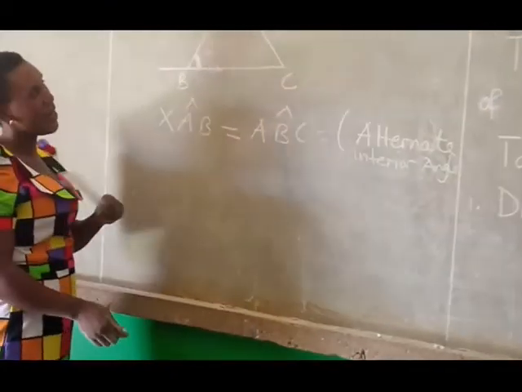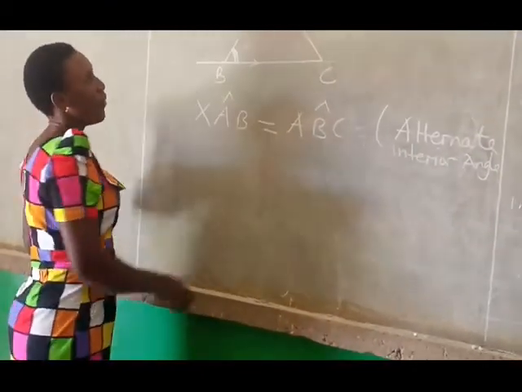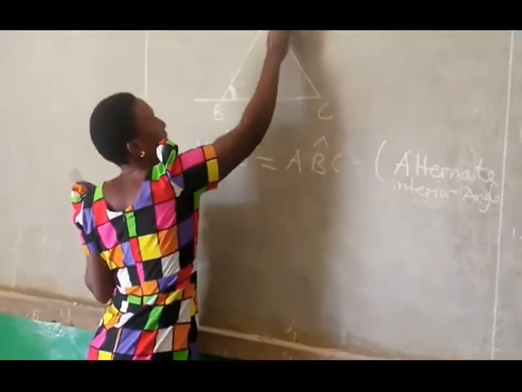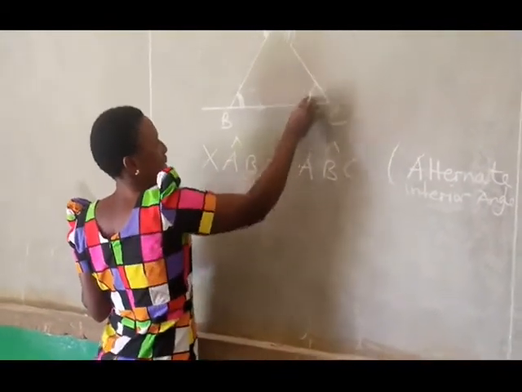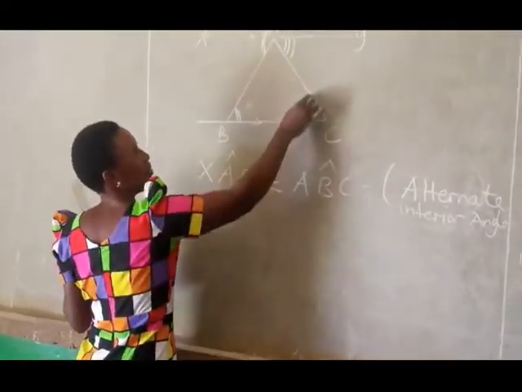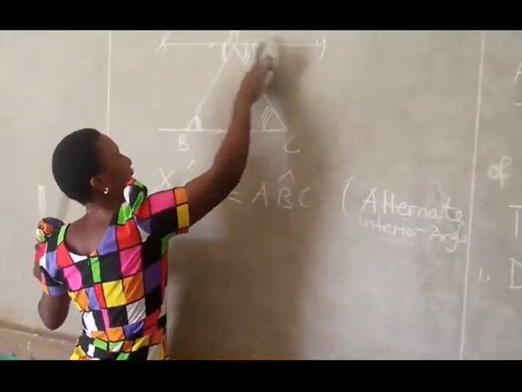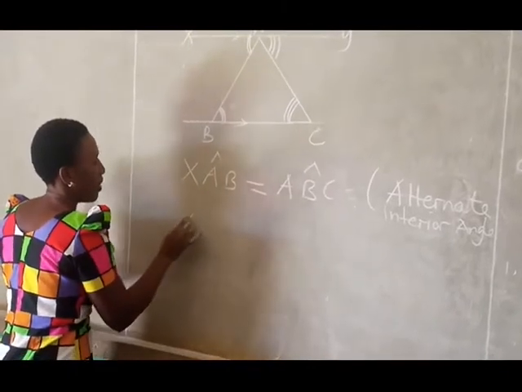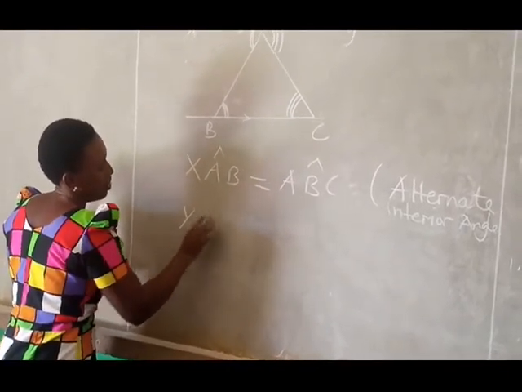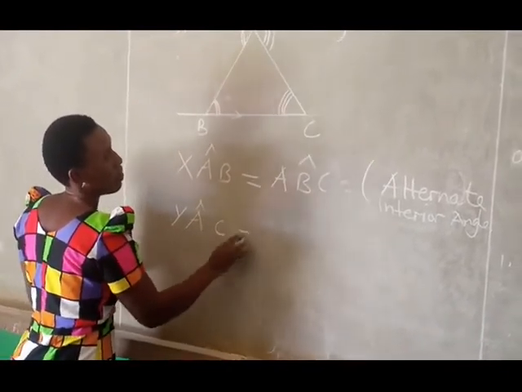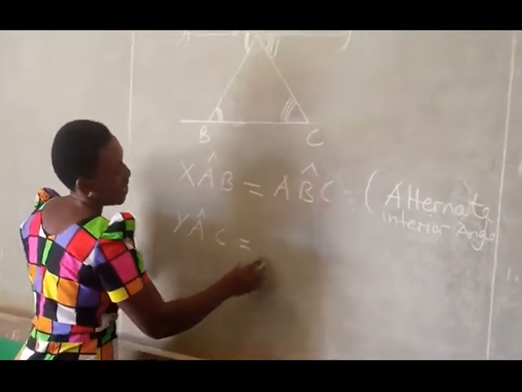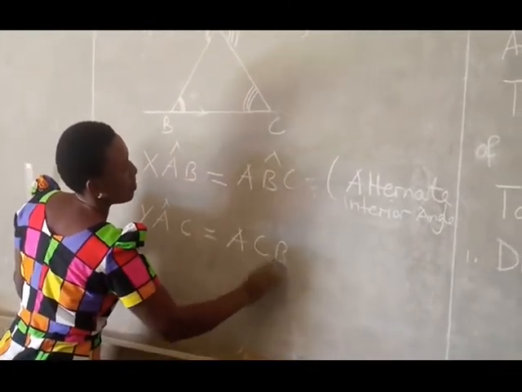Also, we have some other angles which are equal. For example, this angle and this angle. These two angles are equal. Why are they equal? We say angle YAC is equal to angle ACB.